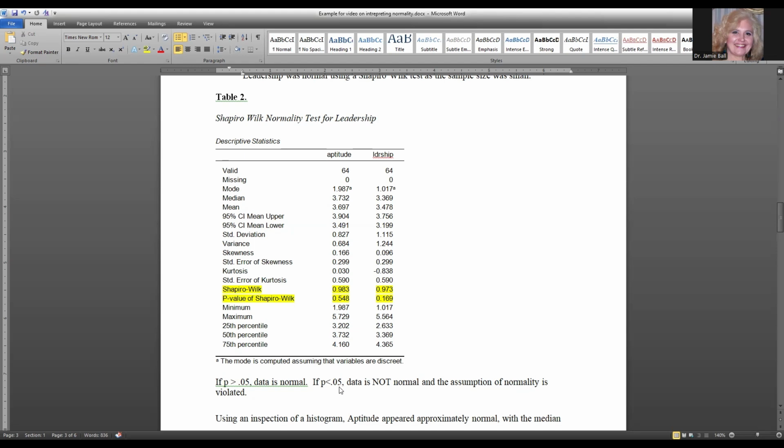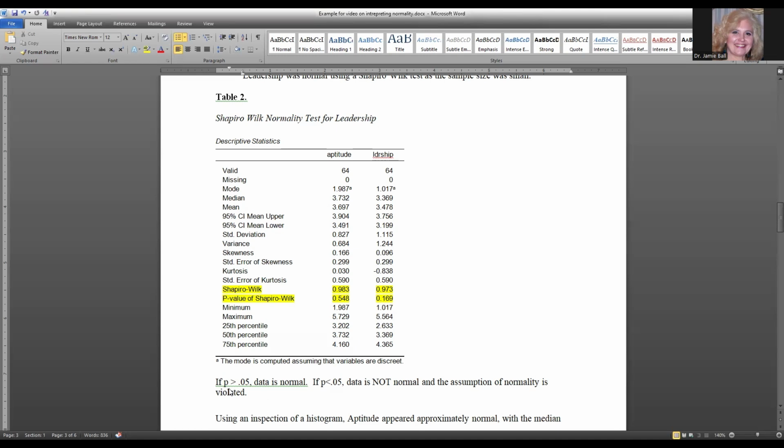Okay. So my p-value of my Shapiro-Wilk for aptitude is 0.548. That is greater than 0.05. P is greater than 0.05. My data is normal. So for leadership, P is 0.169.